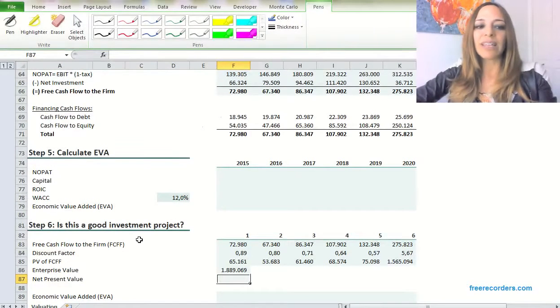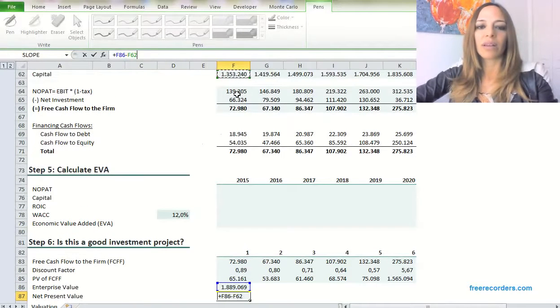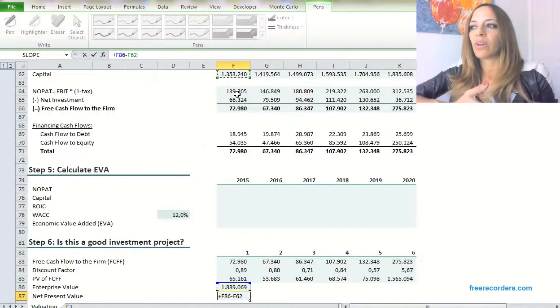Now, we would like to also have a criterion. Is this a good investment? Well, we'll need to compare the enterprise value with the capital we are investing today, the initial capital which we had before. We are investing today $1.3 million in machinery, buildings, inventory, etc. And we expect to obtain $1.8 million.